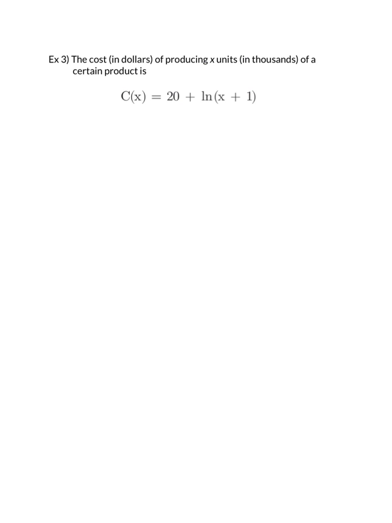On example 3, we are told that the cost in dollars of producing x units in thousands of a certain product is the function c of x equals 20 plus the natural log of the quantity x plus 1. Part A says to find the formula for marginal cost. Remember, marginal anything means derivative.